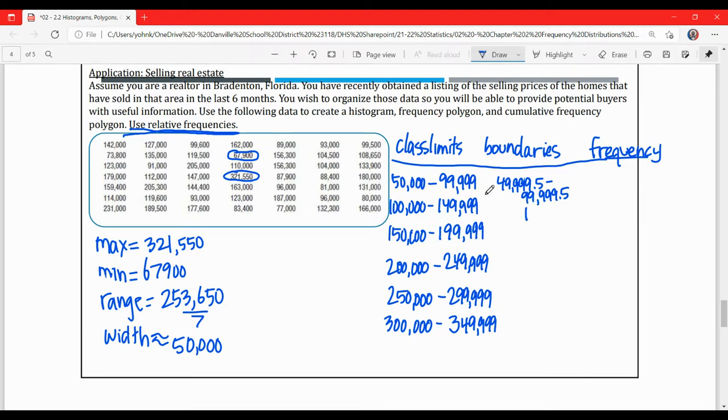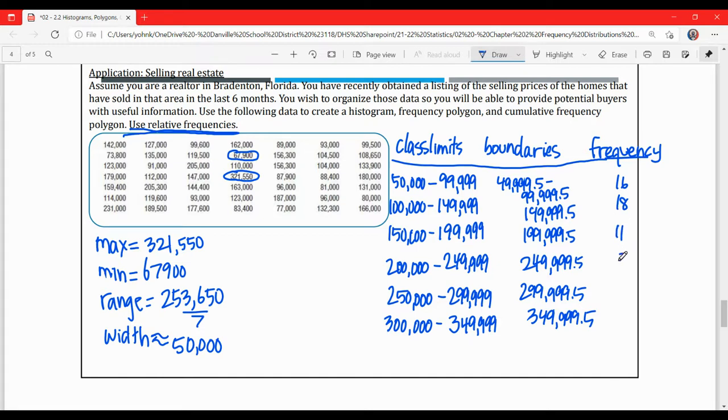So 149,999.5, 199,999.5, 249,999.5, 299,999.5, 349,999.5.